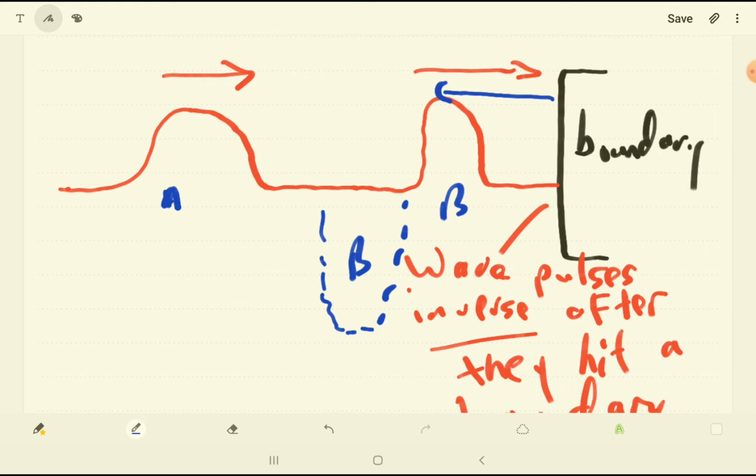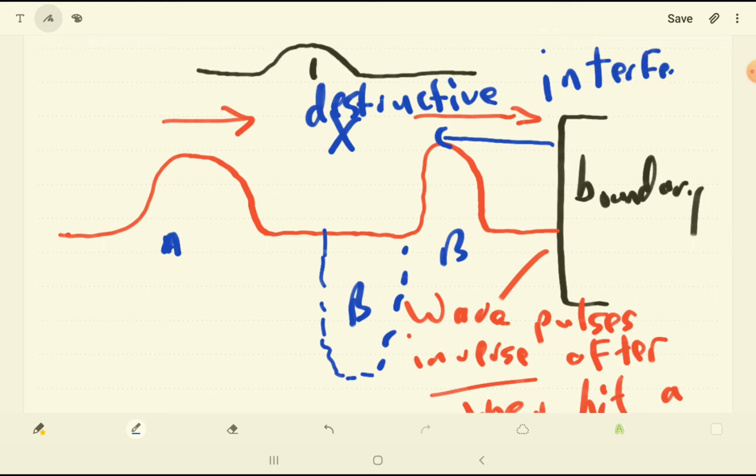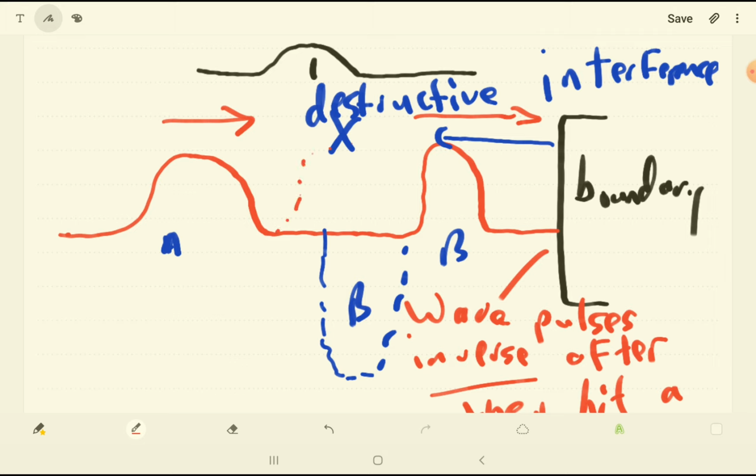And what happens then is probably around here, because pulse B has inversed, right before pulse A hits the boundary, there's probably going to be destructive interference at this point. Due to the inversing of B, while A is likely still over here.